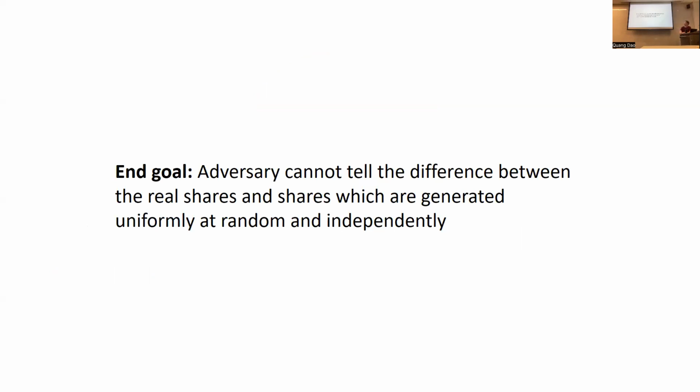The end goal of our security proof is to show that the adversary cannot tell the difference between real shares and shares which were generated uniformly at random and completely independently. Because if the shares were generated uniformly at random and independently, then they're independent of the secret. So the adversary can't tell the difference between secret 0 and secret 1.